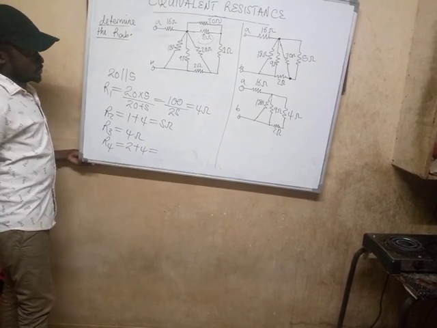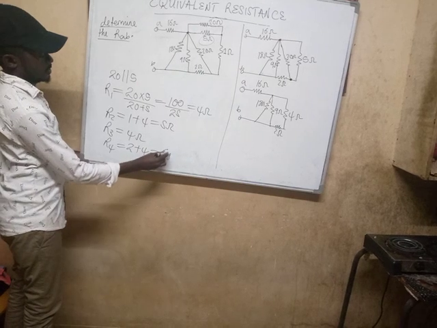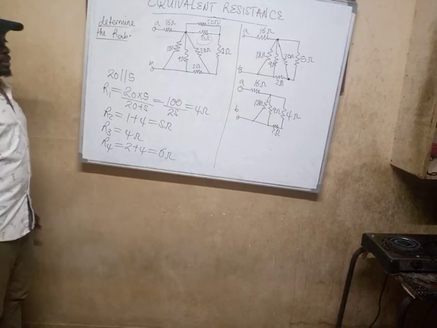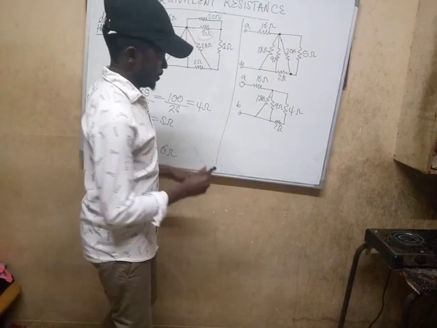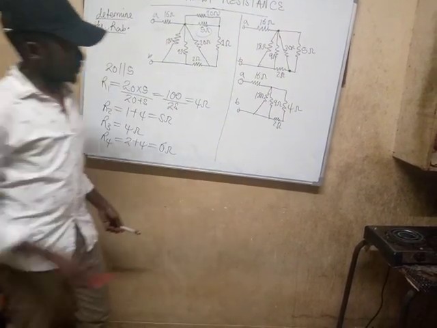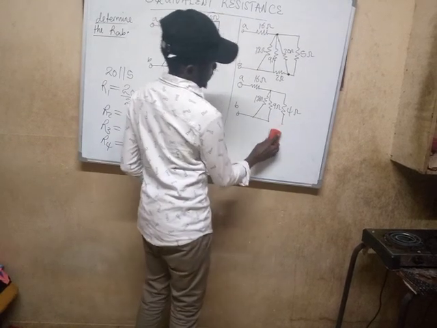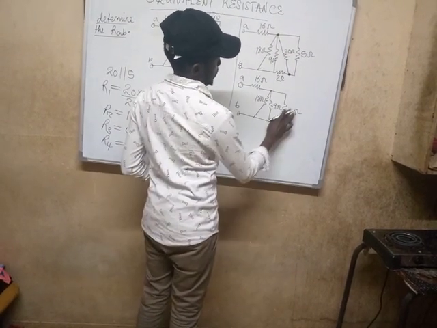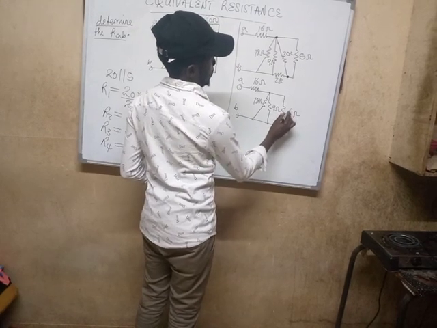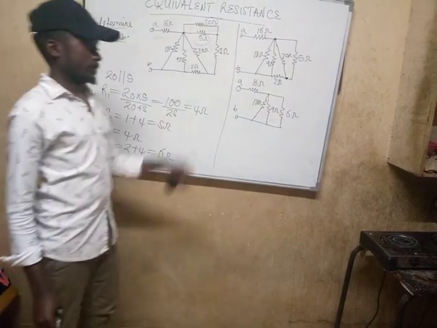So this is equal to the 6 ohm resistor. So replacing, the 2 ohms resistance here I'm going to replace with the 6 ohm resistor.